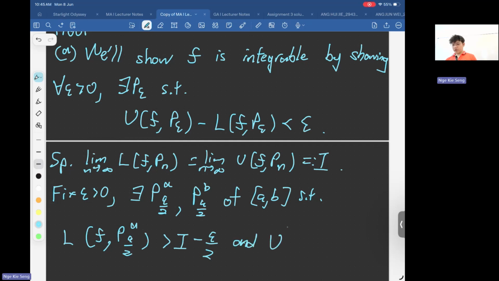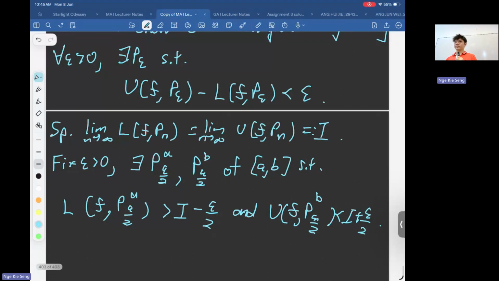I'm not using supremum or infimum, I'm using a one-sided limit. Actually, you have two sides, but I just need one side. Does it make sense?